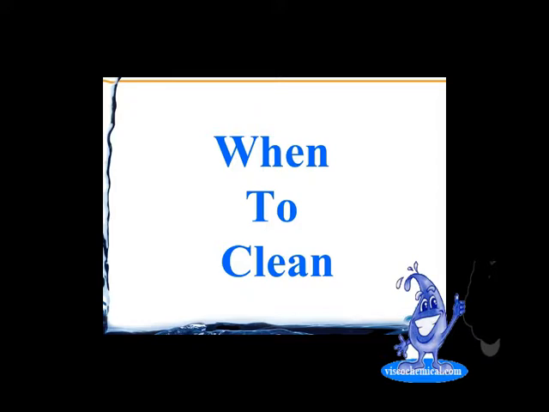As long as we keep an RO unit at the proper recovery rate and our softeners are operating properly, or our scale inhibitor injection is operating properly, then scaling shouldn't be a problem. When we do scale, it usually means that there's been some upset, or we're at a higher recovery than we really think we are, or the feed water has changed, and then it'll be time to clean.